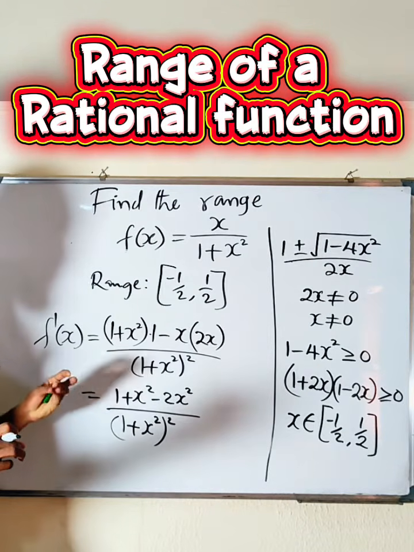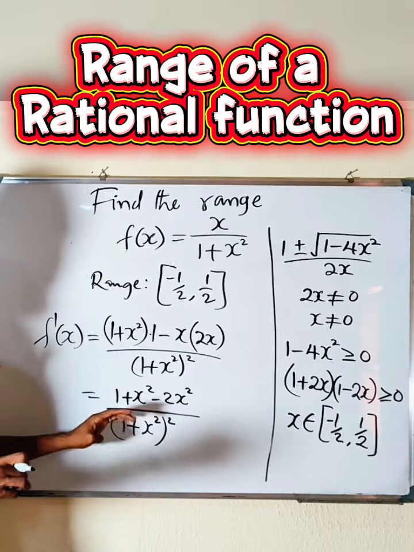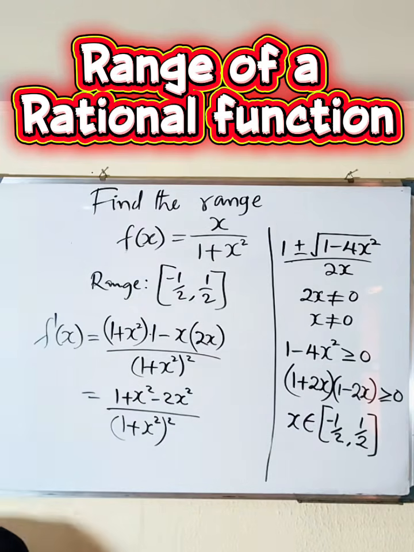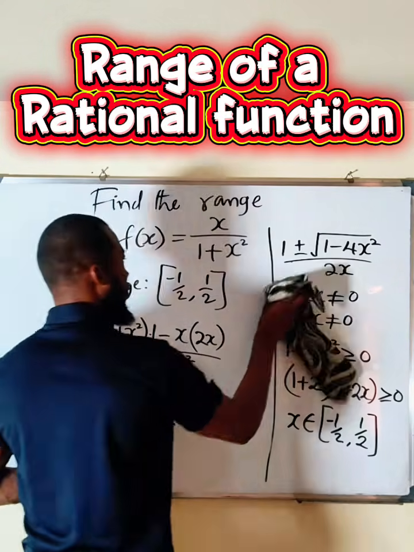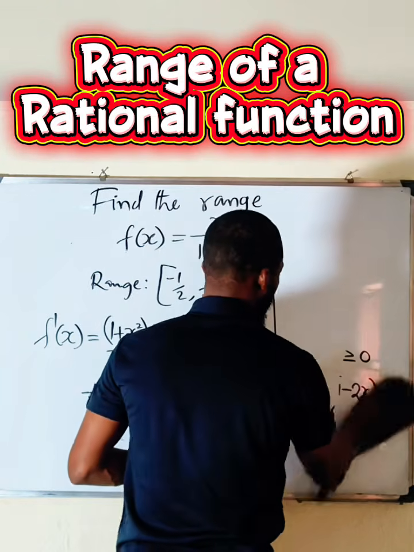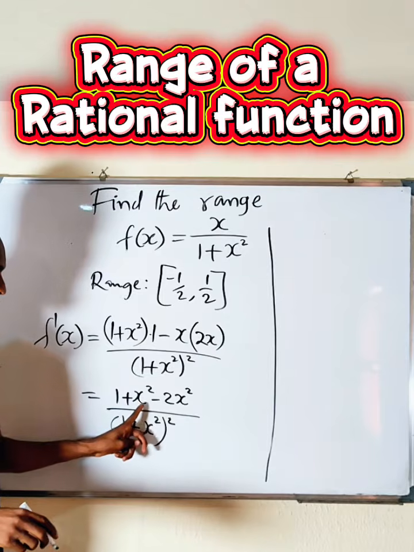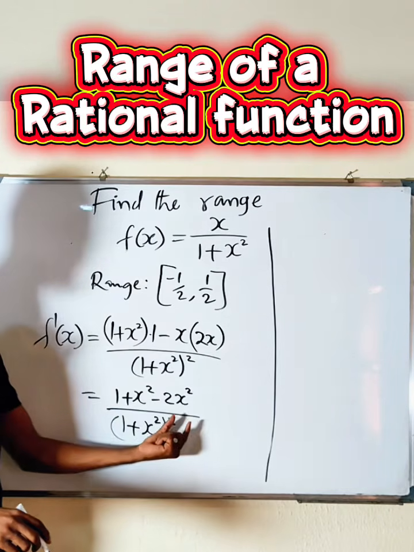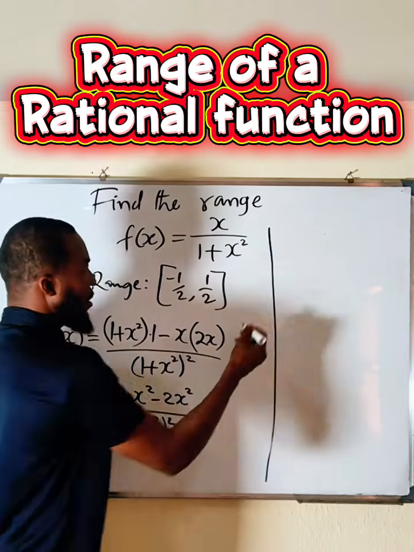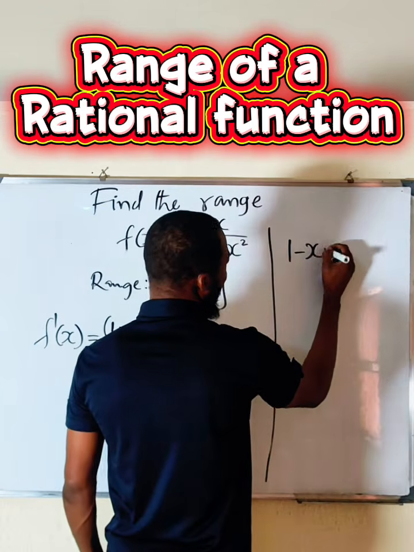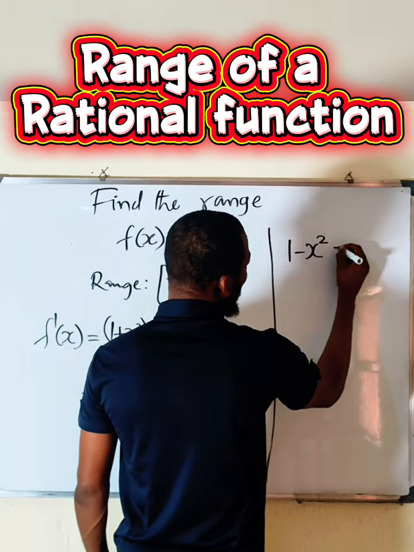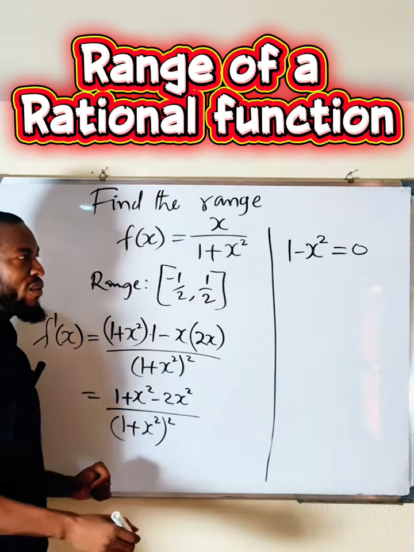And remember, bottom can never be equal to 0. Therefore, the top has to be 0. So let's continue here. So this is 1 minus x squared, because x squared minus 2x squared is minus x squared. So 1 minus x squared will have to be equal to 0 because the bottom cannot be 0.